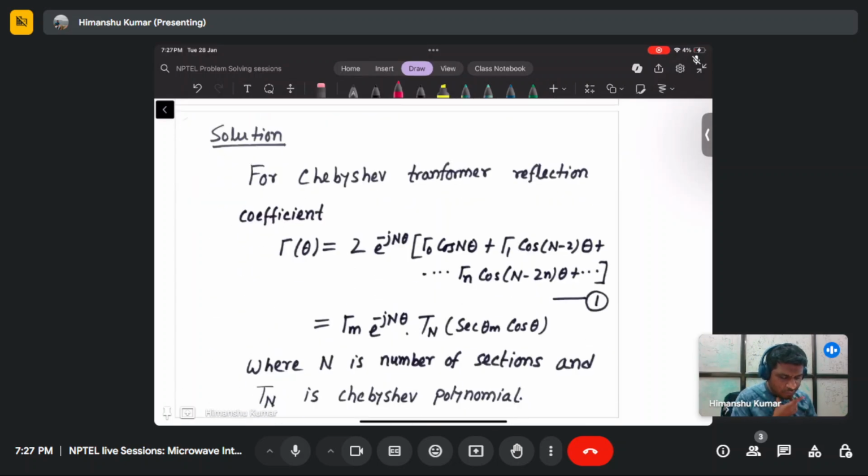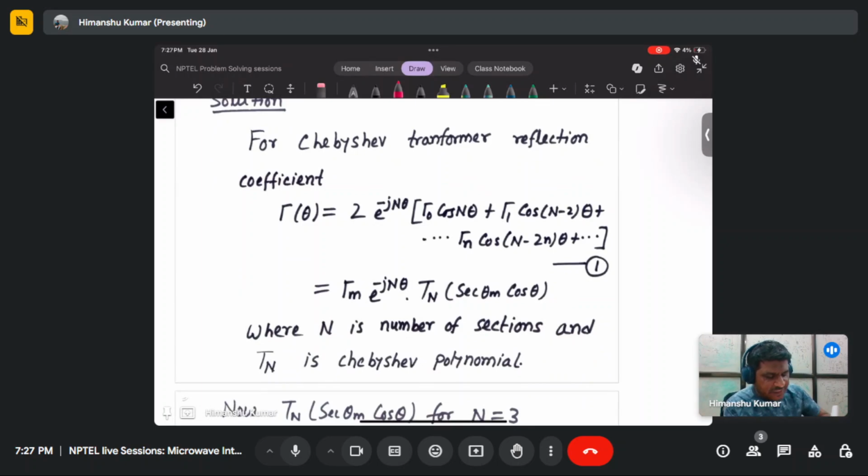For the Chebyshev transformer, the reflection coefficient is given by this. So you will have n reflection coefficients. Suppose you design the multi-section transformer.